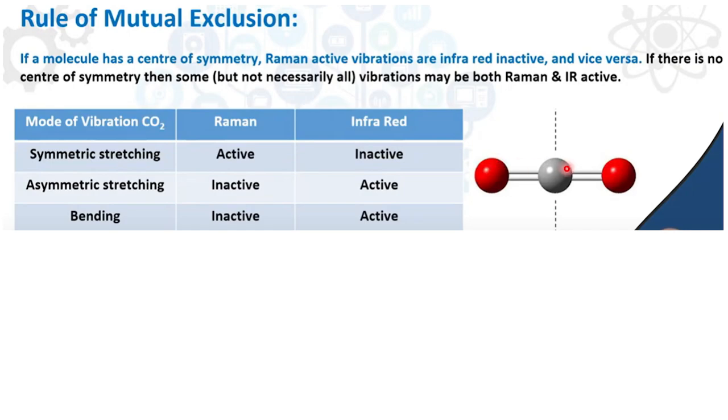We know dipole moment is a vector quantity. So one vector goes from carbon to oxygen, and since there is another oxygen, there will be another dipole in the opposite direction from this carbon. Since these are two different directions, they ultimately cancel each other. That's why CO2 is not polar. Since it is not polar, the dipole moment is 0, and since the dipole moment is 0, it cannot be IR active.